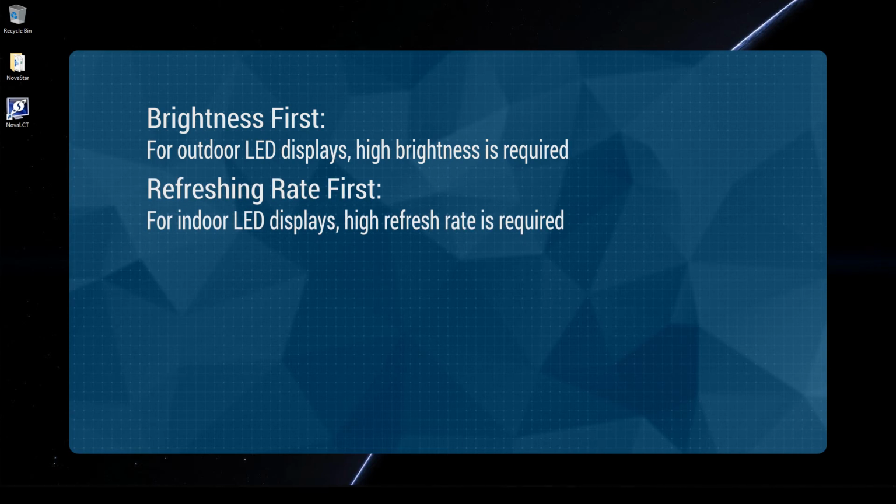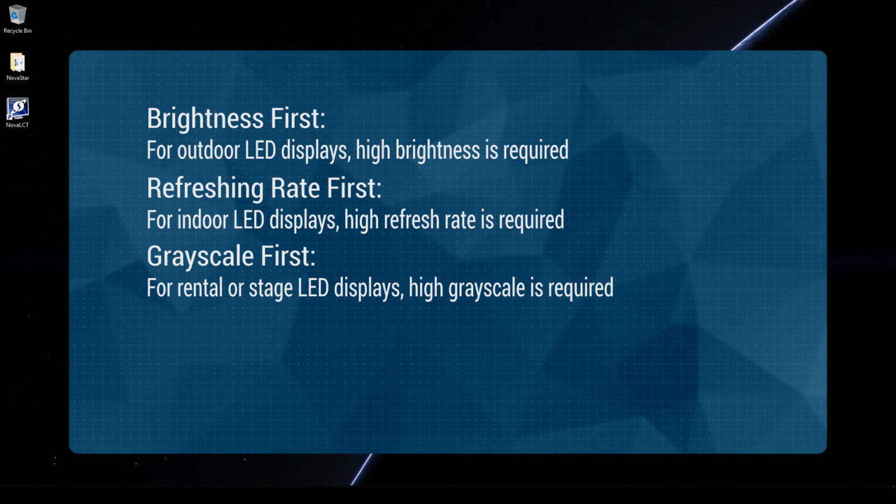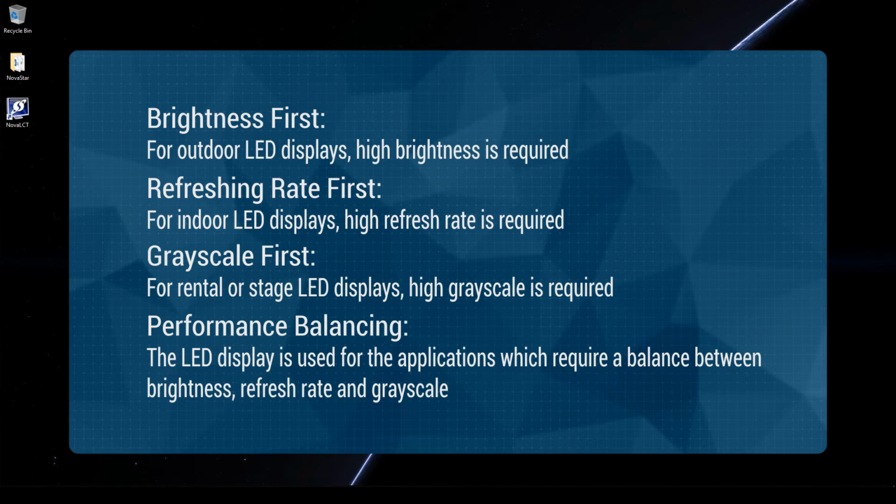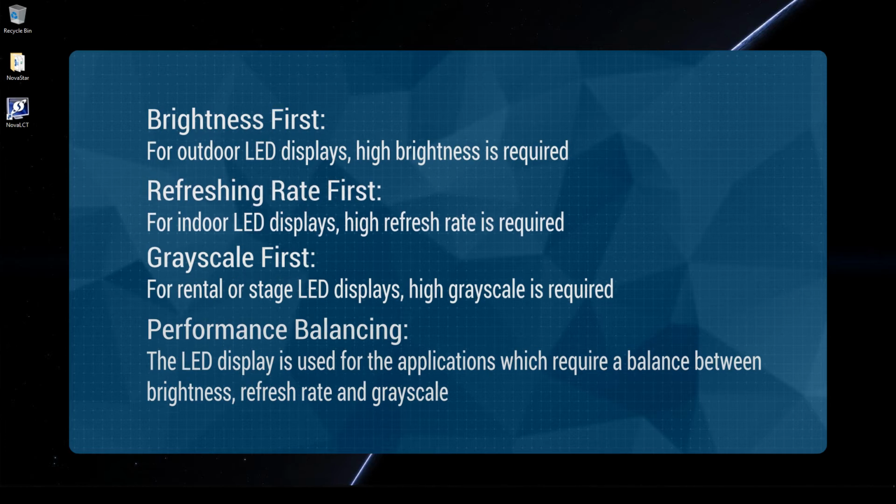For indoor LED displays, high refresh rate is required. Grayscale first. For rental or stage LED displays, high grayscale is required. Performance balancing. The LED display is used for applications which require a balance between brightness, refresh rate, and grayscale.